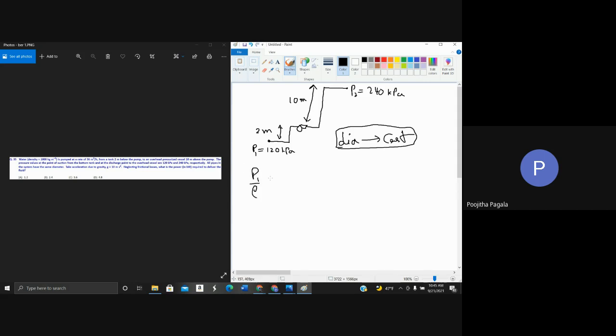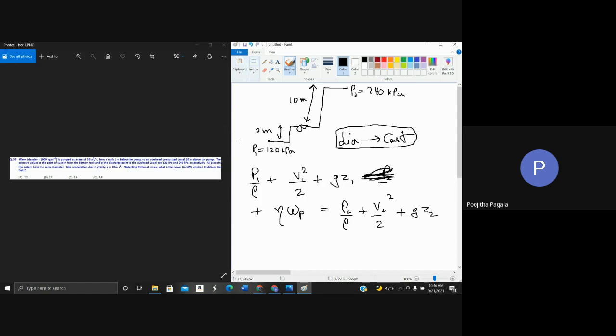So P1 by rho plus V square by 2 plus gZ1, plus we also need to add the pump work, eta into WP, is equal to P2 by rho plus V2 square by 2 plus gZ2.